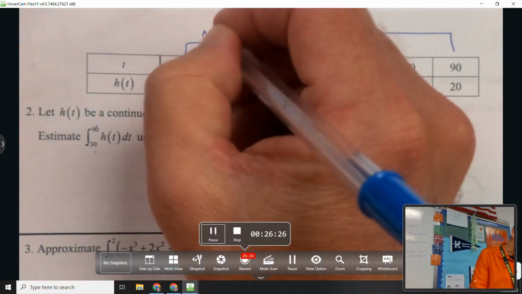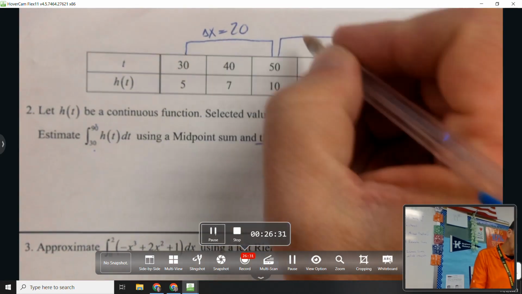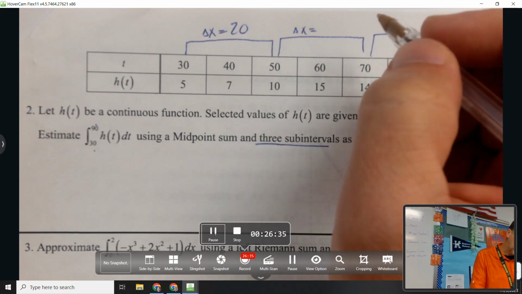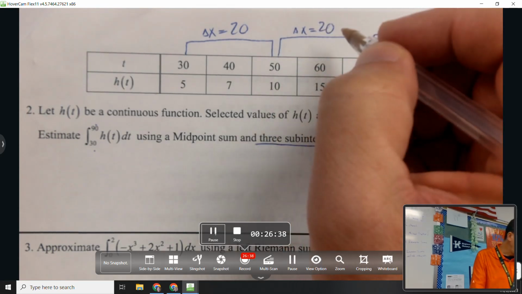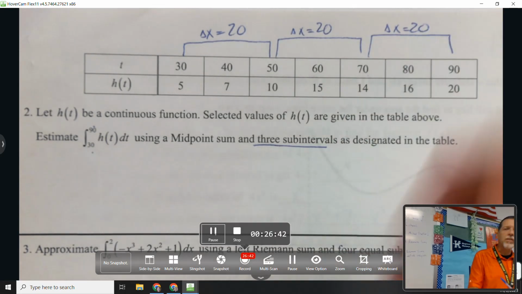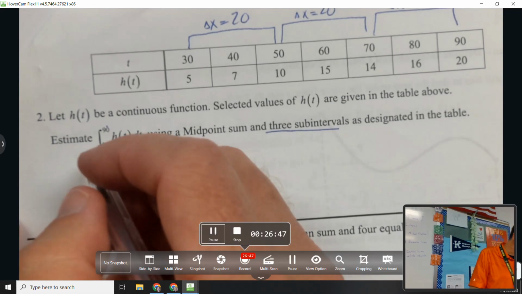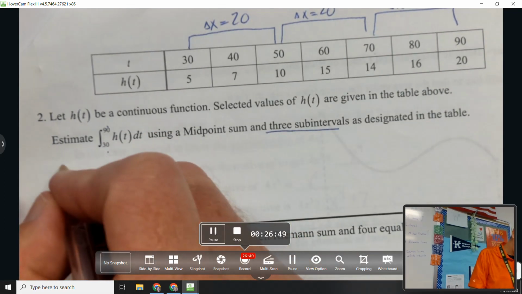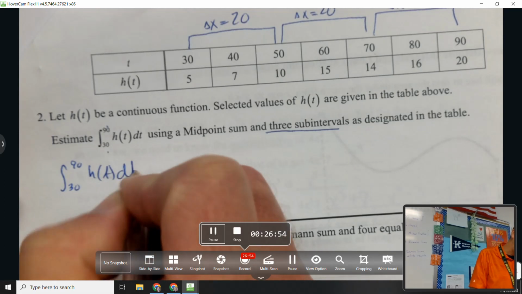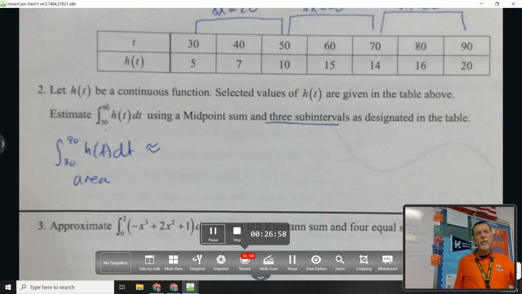And so my delta x on the first one, 30 to 50, is 20. Second one, 50 to 70, is 20. And on that last one, 70 to 90, is 20. So they're equally spaced. So the integral from 30 to 90 of h of t dt, that means the area, is going to be approximated by my midpoint rectangles.